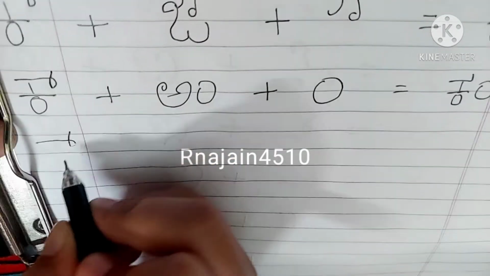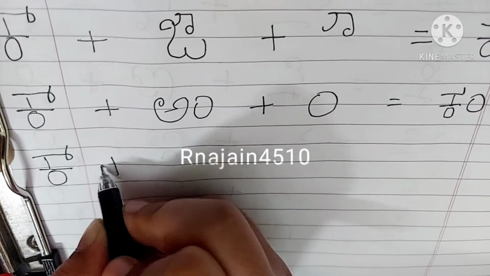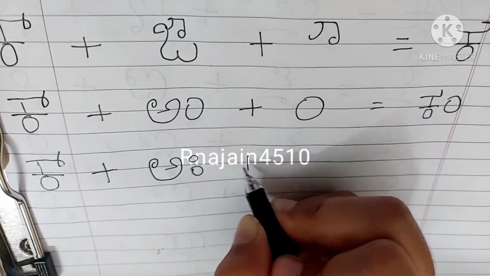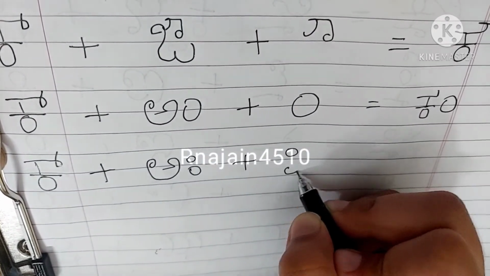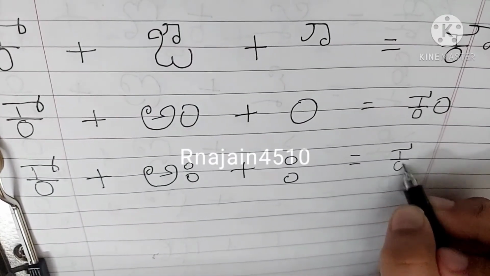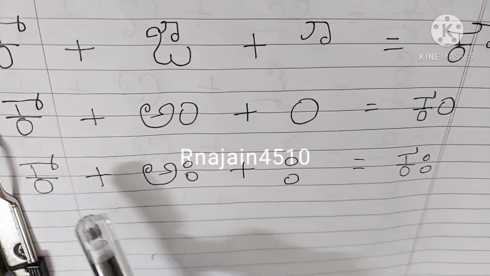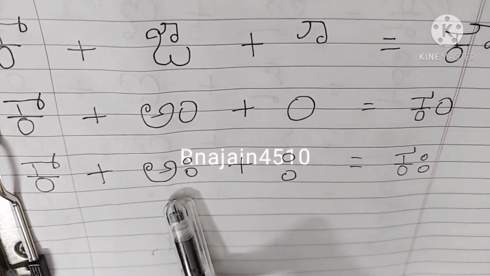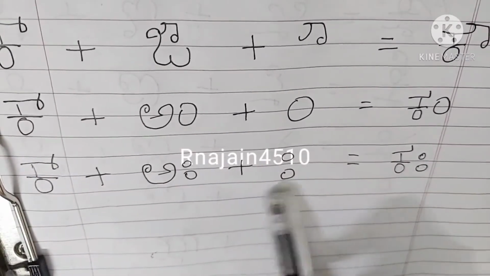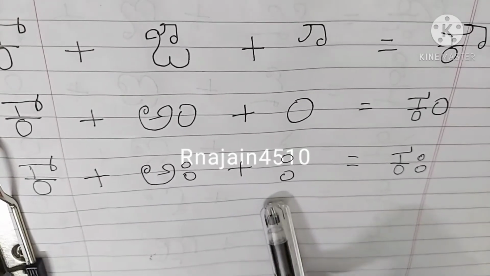So first we'll write half Ka plus the symbol is equal to Kah. We call this matra as visarga.